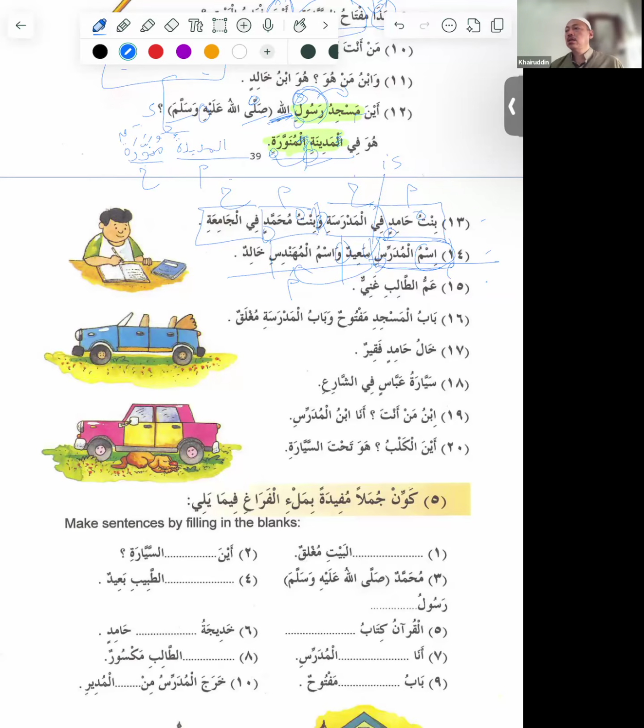And what is the khabar? Khalidun is Khalid. And the name of the muhandis, the engineer, is Khalid. Okay. So we'll just pause here. Questions?